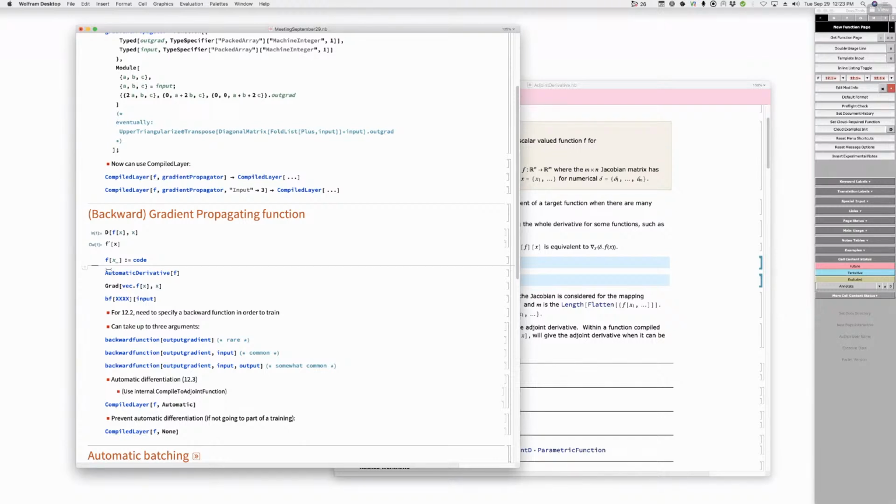Okay, but how would you actually write it? Let's say I've got f of x_ := x + 2. Or more interestingly, let's say something like nest with hash plus 1 and an ampersand.